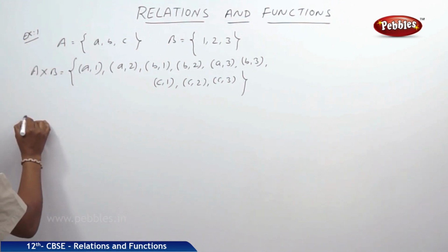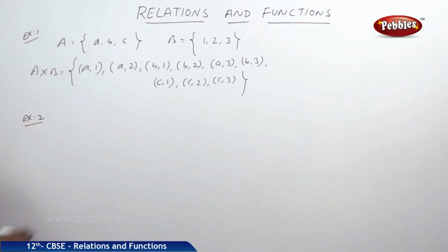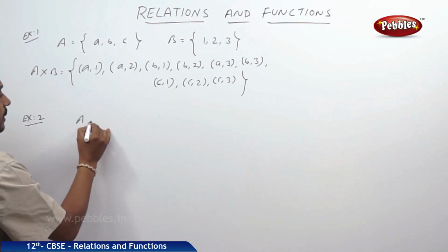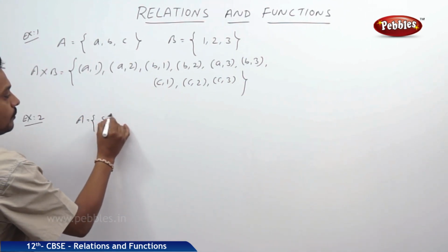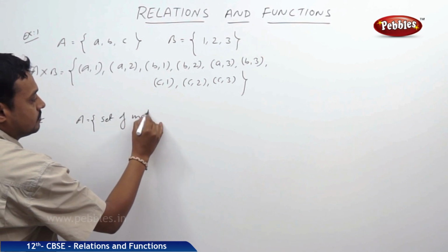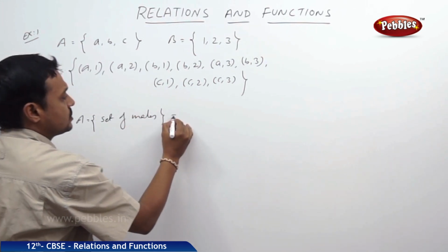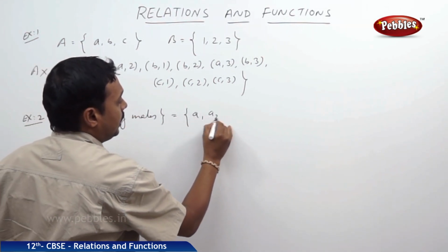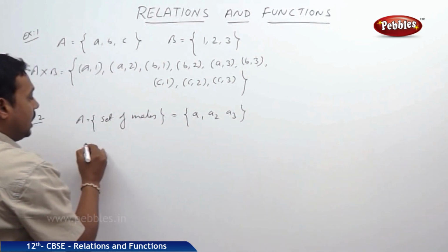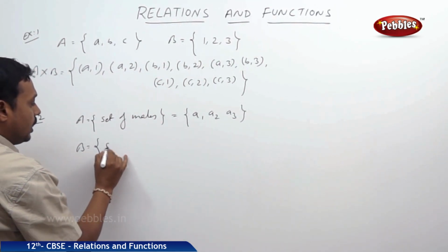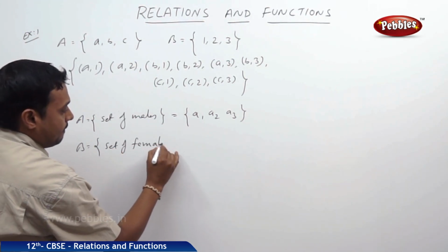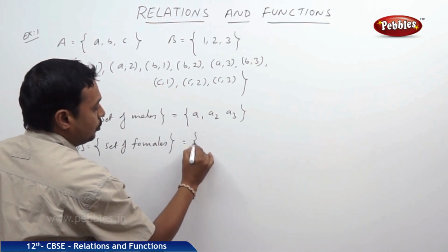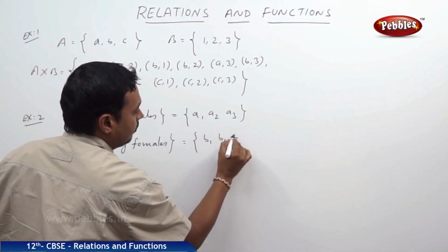Now let us take one more example. In a combined family, let A be a set of males, of course let them be A1, A2, A3. And B is equal to a set of females, that is B1, B2, B3.